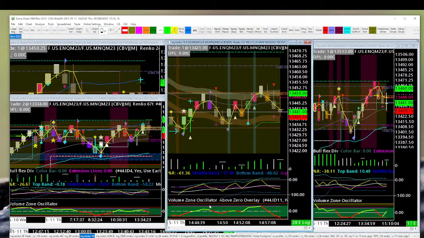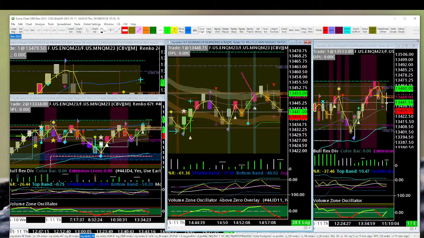So that's something to remember, that you can use the angle of this yellow line to tell you basically what the trend is and how strong the momentum is.